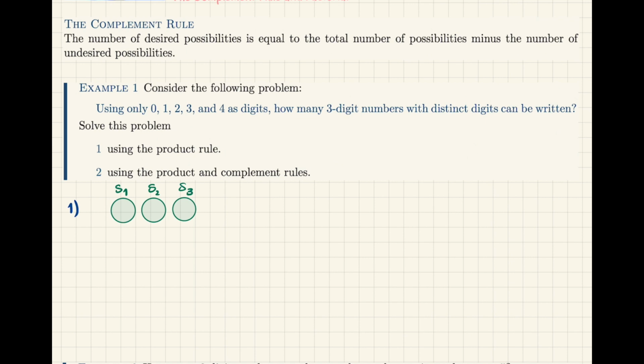In how many ways can I accomplish stage 1? I can put any number that I like there except 0. So there are 4 possibilities here: 1, 2, 3, and 4. But then I am not allowed to repeat any digit, and I want to know how many ways I can do stage 2.